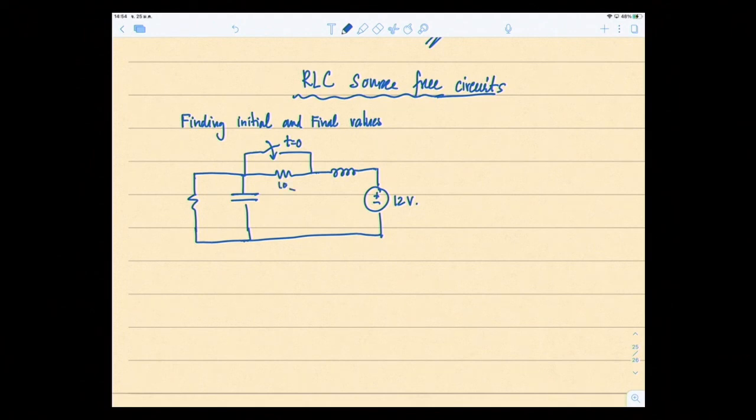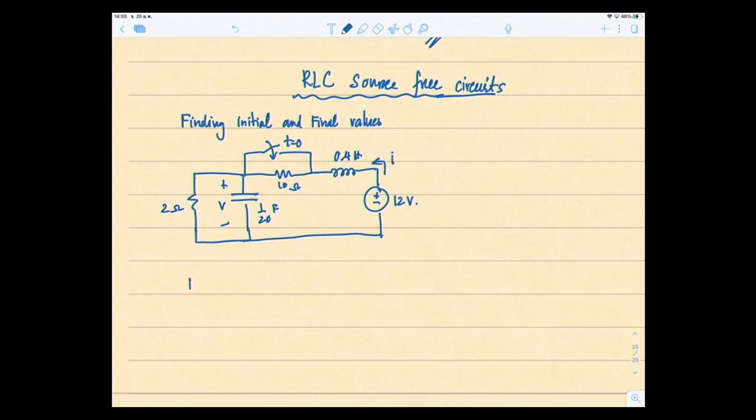This is 10 ohms, 1/20 farad, 2 ohms. There's a voltage V across here. There is a 0.4 Henry inductor. And of course there's a current I going through the inductor.